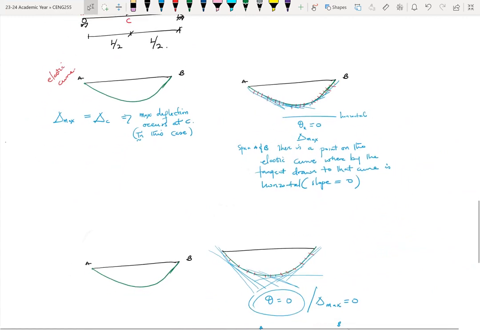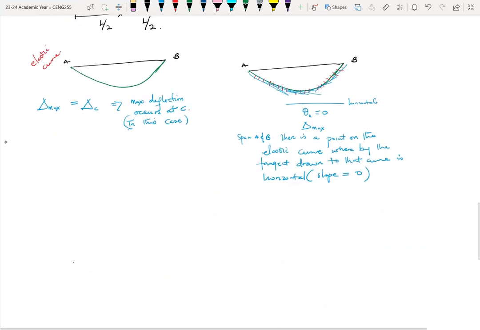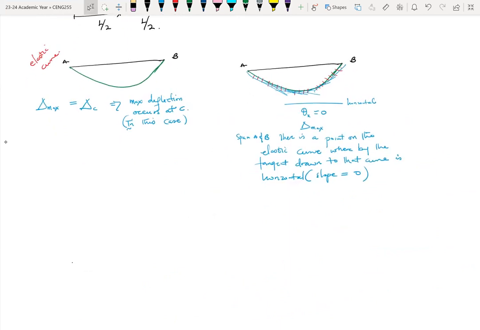So going back, let me just delete these guys. I don't think I'll need them. Let me just delete them so that I don't end up with the same thing. Okay, great. So now let me draw the elastic curve. I think I have it already drawn.